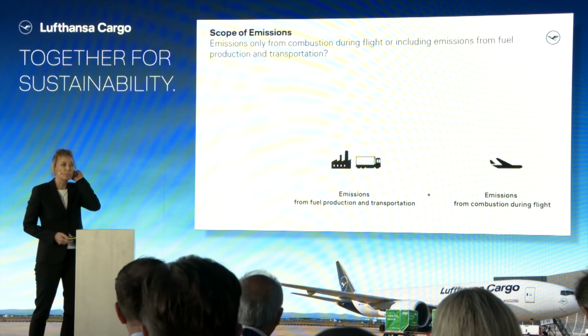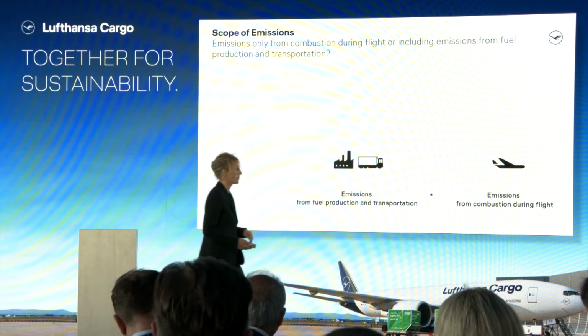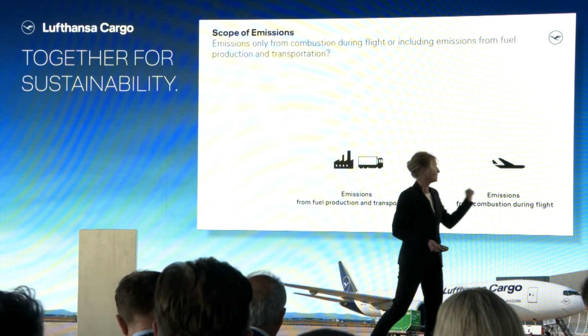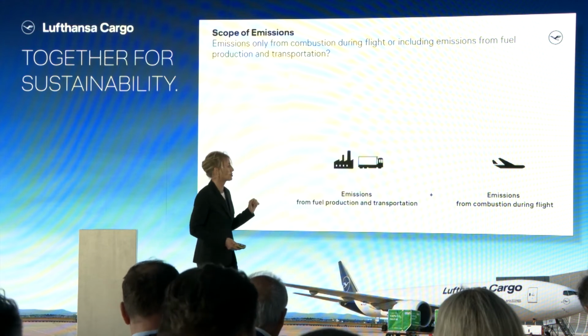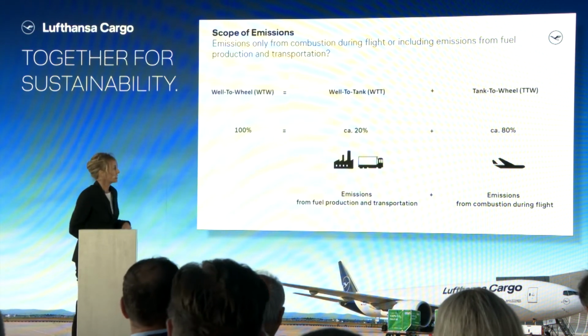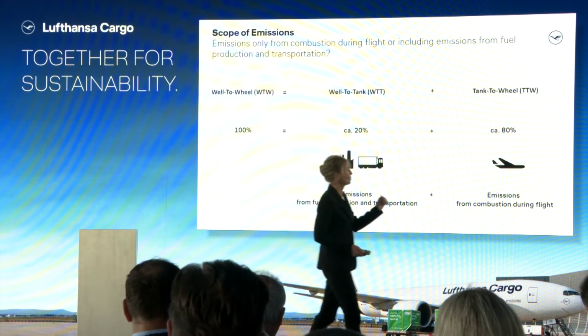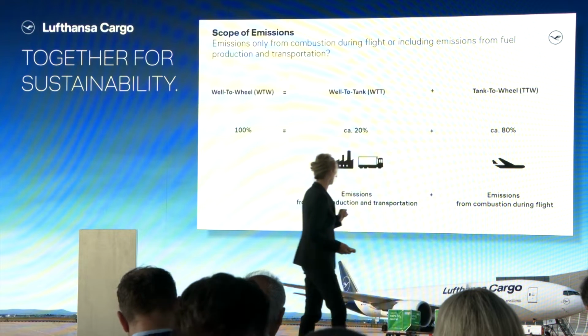The scope of the emissions is also very important. You have to look at whether you are using the emissions from combustion during flight, or also the emissions released from production and transportation of the fuel. This accounts for around 20% of the emissions, and this accounts for around 80% of the emissions. So it's very important what you are looking at.